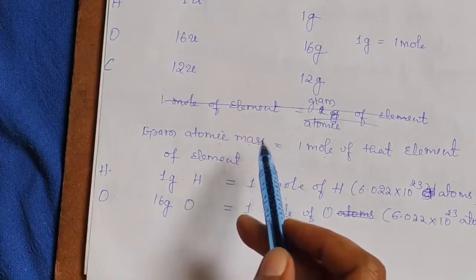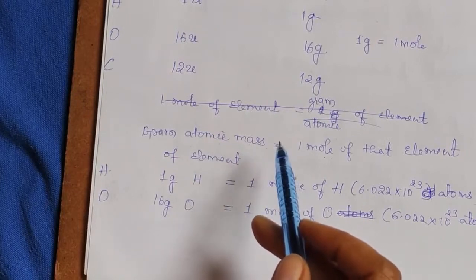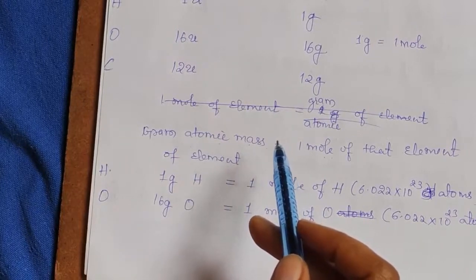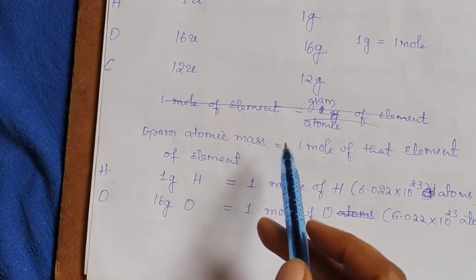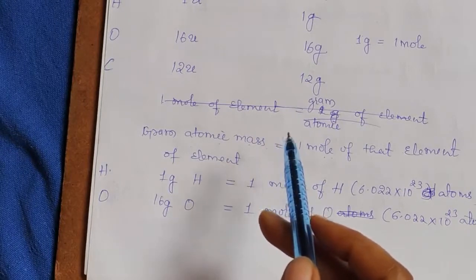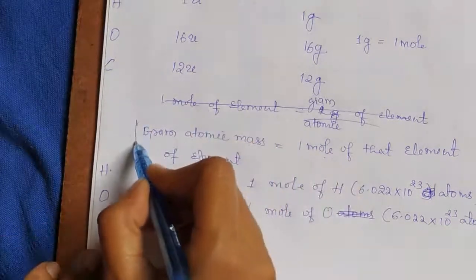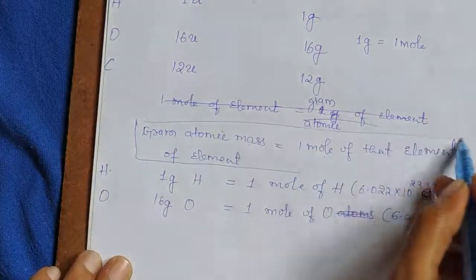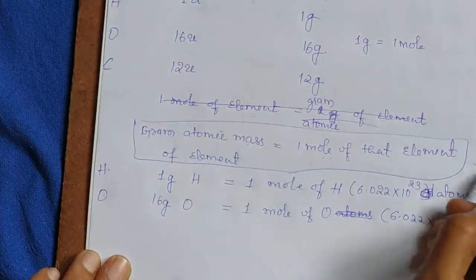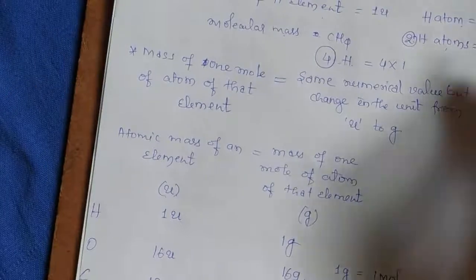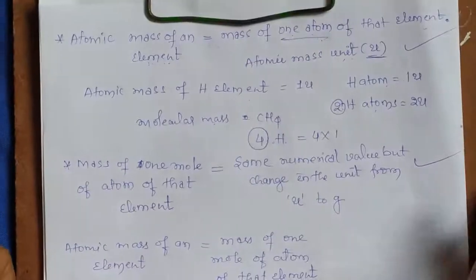Sometimes in problems they will give the number of reacting atoms, and we have to calculate the mass. Sometimes they will give mass, and we have to calculate the number. So remember this relationship is very important.